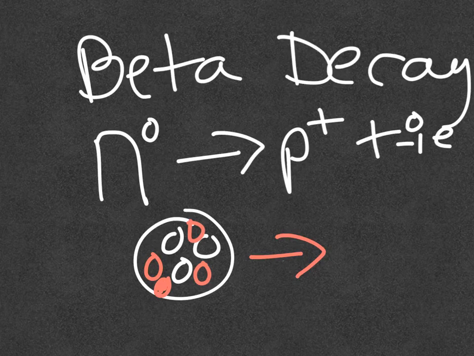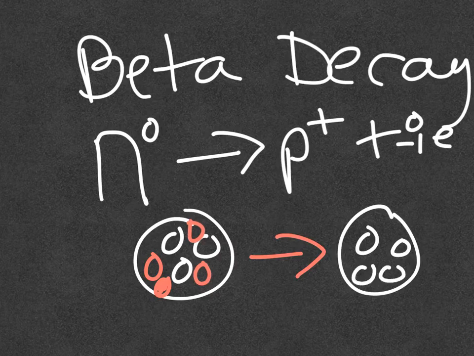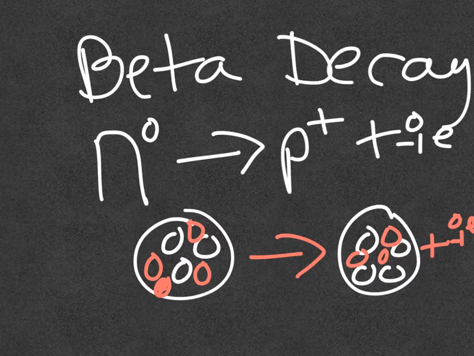So in our next picture over here, we now have 1, 2, 3, 4 protons and only 3 neutrons, okay? The other piece that we have from this is that little beta particle. He's going to have no mass, but he's going to have a negative charge.